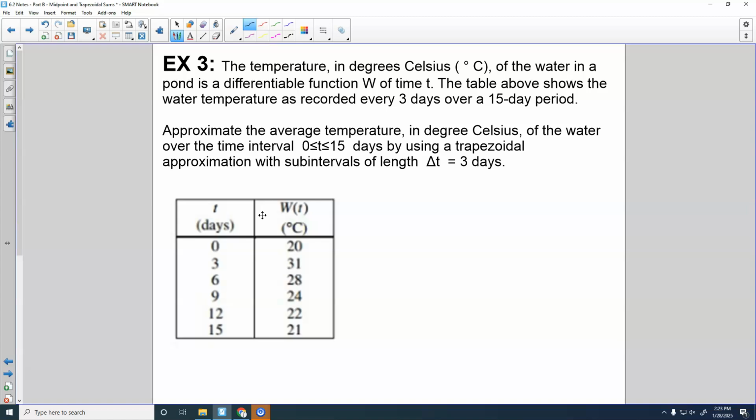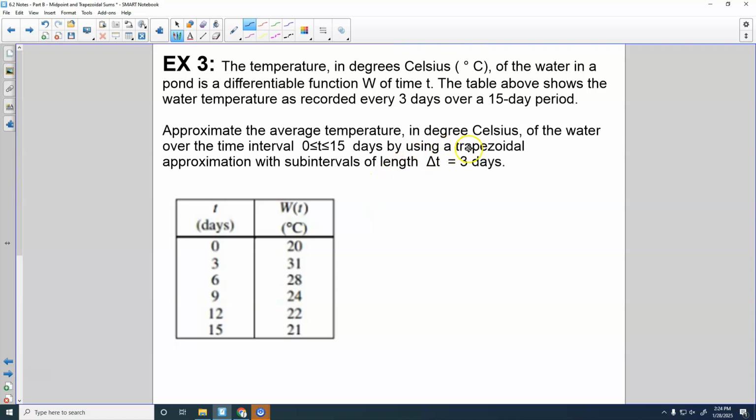This one has a little bit of a trick to it. We haven't done average value yet, or it'd make a little bit more sense. They want average temperature, but this already gives us temperature, right? Because they're equal subintervals, it actually might work to average those. I'm not sure, I haven't tried it. If they're not equal subintervals, it does not work to do that.